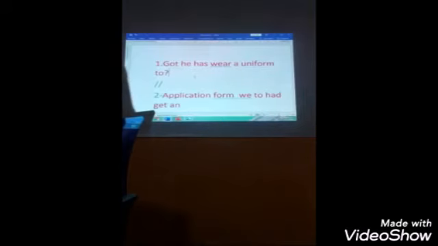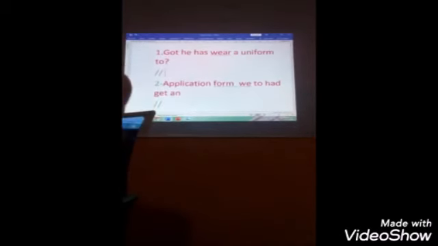Hi, I'm going to put in order a group of words to form sentences using the rules explained before. So let's start. The first example is: got, he, has, wear, a uniform, to. The correct order of these words is the next.